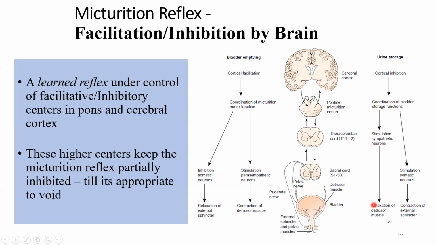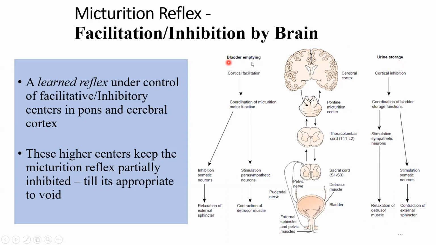So they will relax the detrusor and allow it to fill. At the same time, there is stimulation of the somatics, the pudendal nerve, to keep tight contraction of the external sphincter so nothing leaks out. Okay, there obviously is no mention of parasympathetics because this is a urine storage mode.